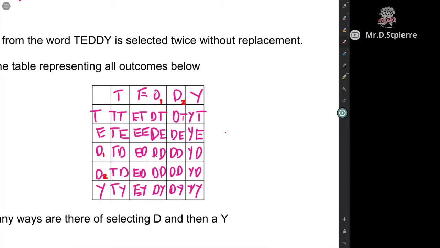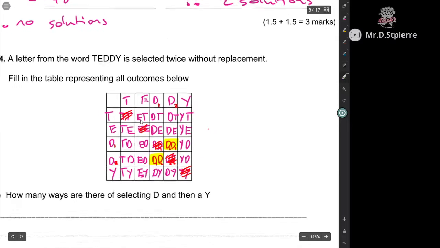So if I fill this in properly, that's D1, D1, that's D2, D2, but this is D2, D1, this is D1, D2. It's without replacement, so TT we can't get, EE we can't get, D1 D1 we can't get, D2 D2 we can't get, and YY we can't get. But D2, D1, this one here and this one here, they're still allowed because they're technically different Ds. So that still works.